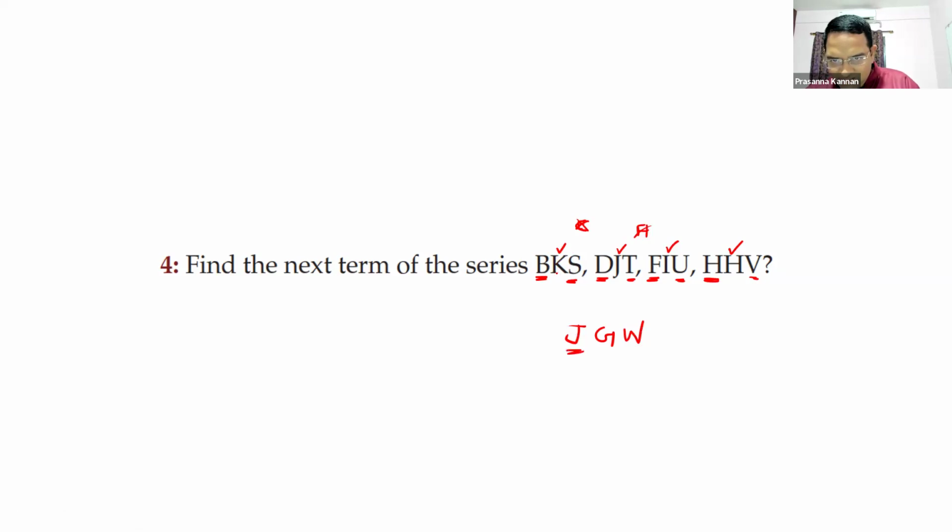Now let's look at the final one. S, T, U, V, W. Understood? Next one, if you see, it's in the reverse order. H, I, J, K, right? So before H, what would you have? You'll have G, right?